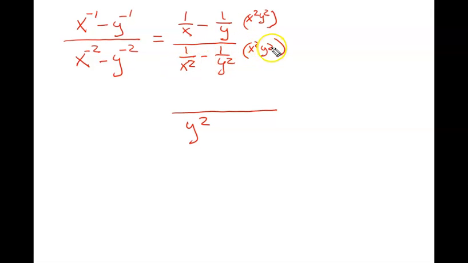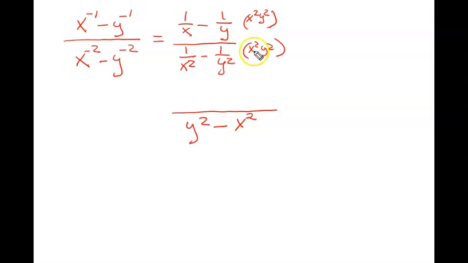This one cancels, I'm left with that. And this will be minus. Now here, x to the second cancels, so I get, I should say y to the second, I end up with x to the second.